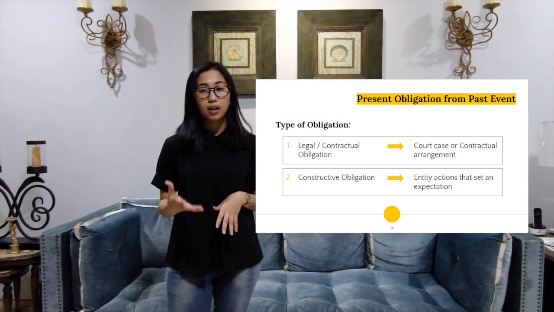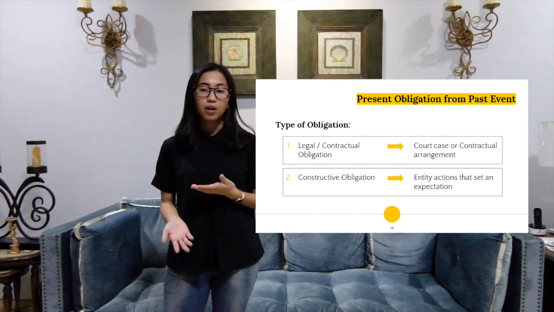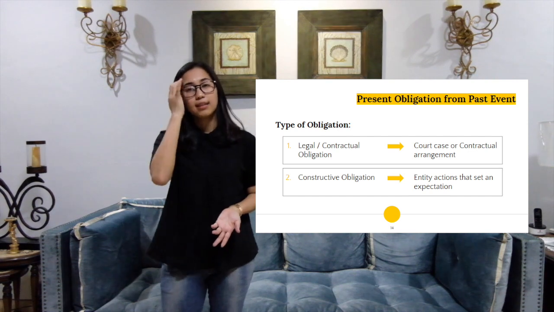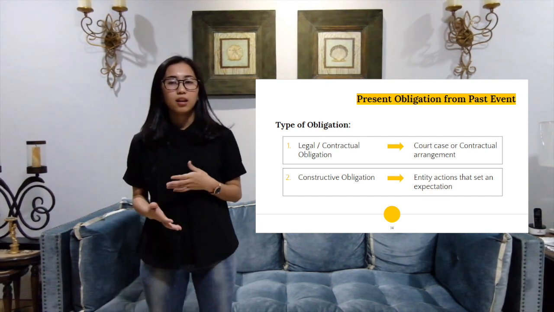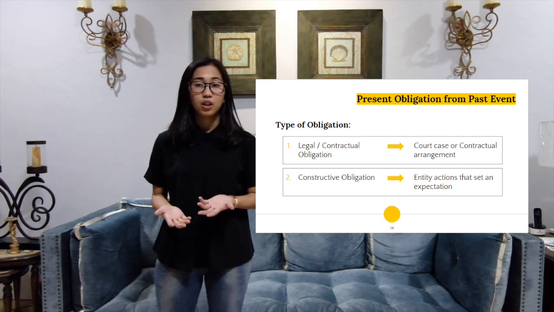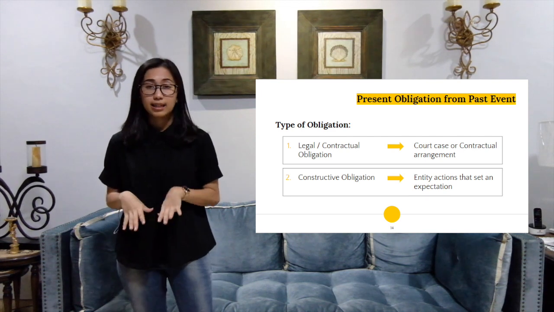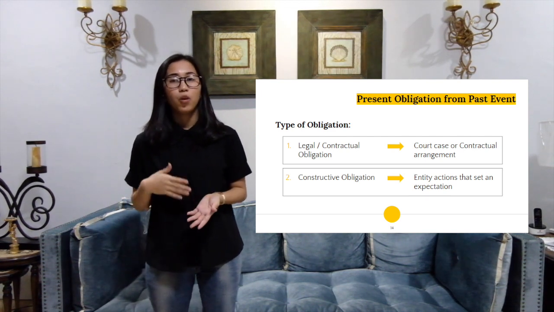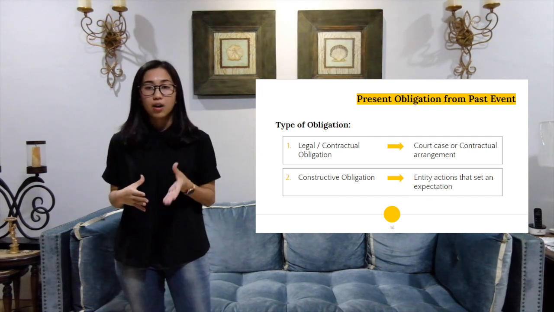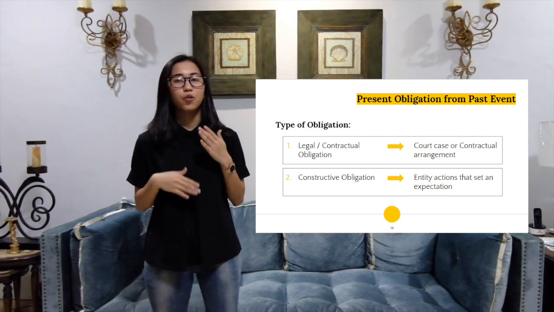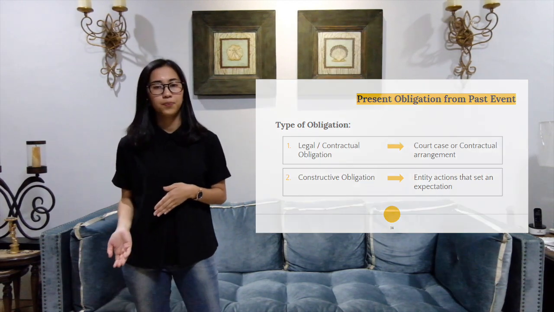The first one is legal or contractual obligation that arises from a court case or some kind of contractual arrangement, and the second one is constructive obligation that arises from entity actions that set an expectation through an established course of past practice. For example, a company makes a statement it will restore the environmental damage. The company will have a constructive obligation because it has created an expectation from its publications, practice, and history.